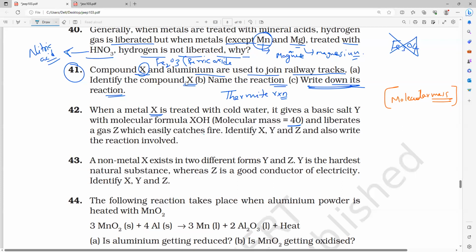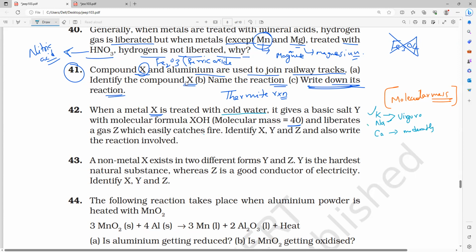So when a metal X is treated with cold water, all of you remember cold water. Cold water means your mind should immediately say how many metals react with cold water? Three metals. One is potassium, next one is sodium, next one is calcium. These two are vigorously reacting, and this metal alone is moderately reacting.